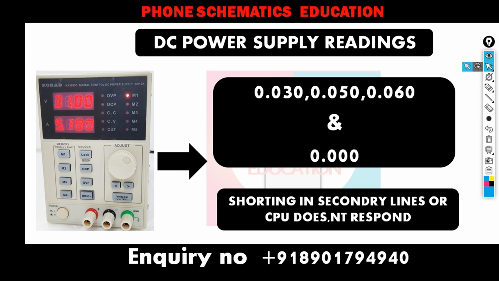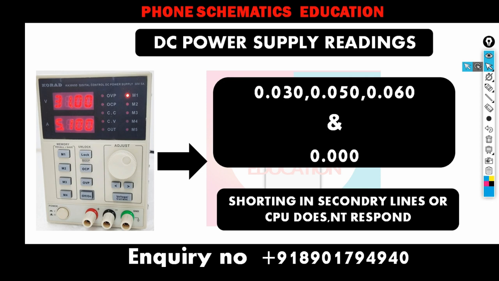When you try to switch on the phone, when you connect the DC power supply, it takes no consumption. When you press the on off button, it takes 30 milliamp, then 50, then 60, then 65. When you release the power on off button, it goes back to 0. Again, you try again. The same result.